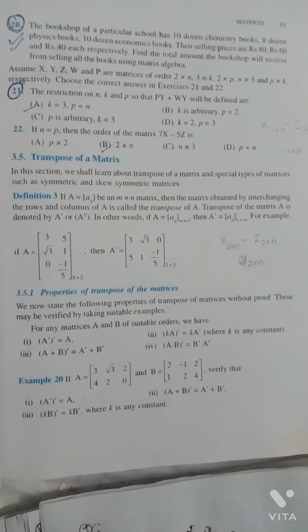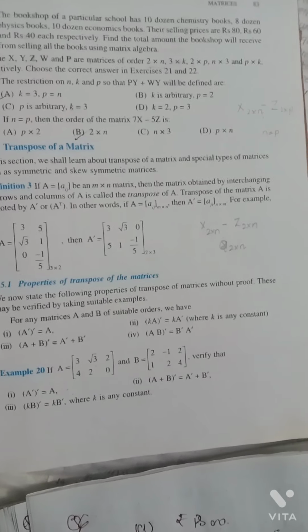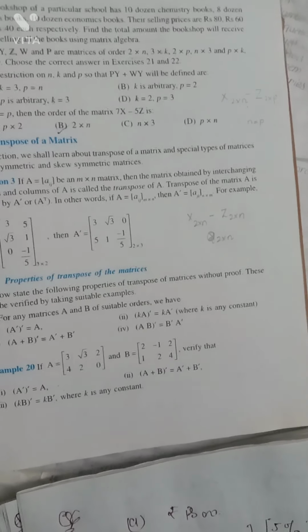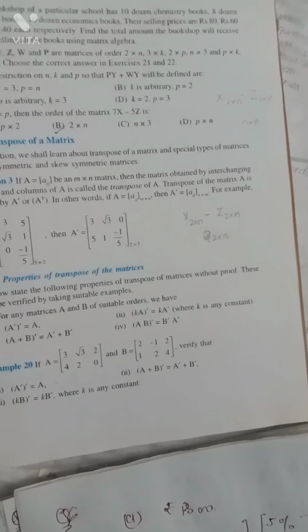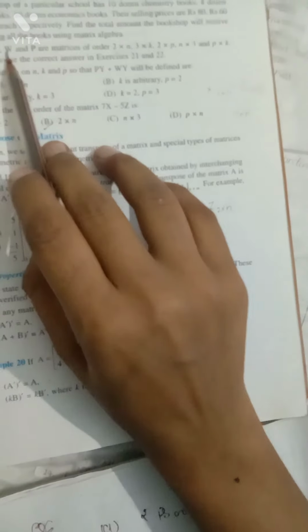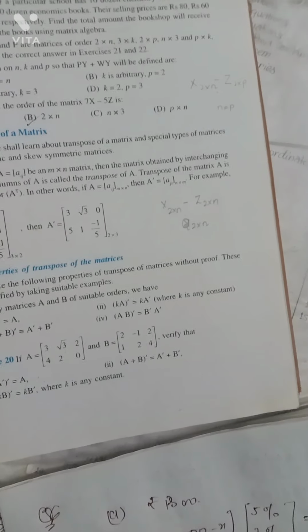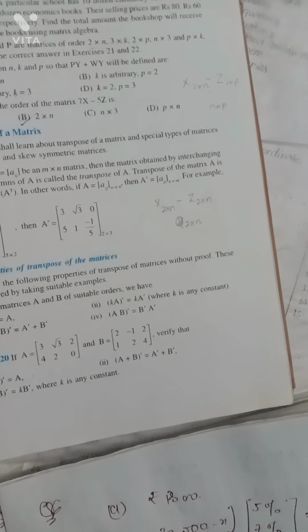So we will first write the order of P, which is p cross k, and Y is 3 cross k, and W is n cross 3, and again Y is 3 cross k.